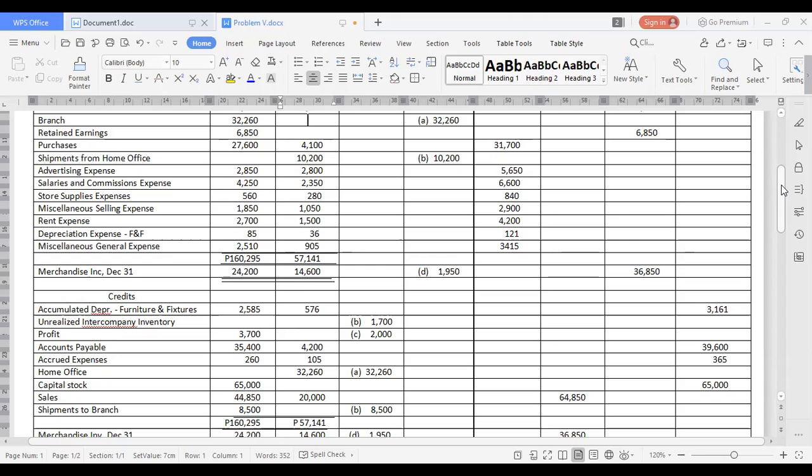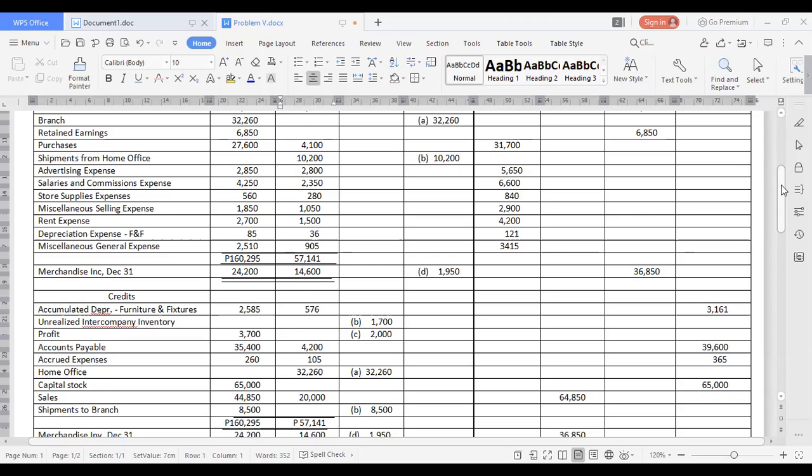So your entry for letter B is to debit unrealized intercompany inventory profit for 1,700, debit shipments to branch for 8,500, and credit shipments from home office for 10,200.